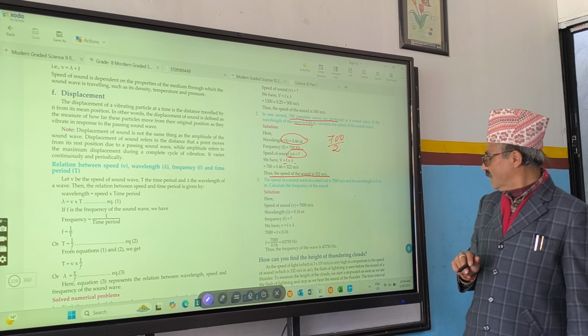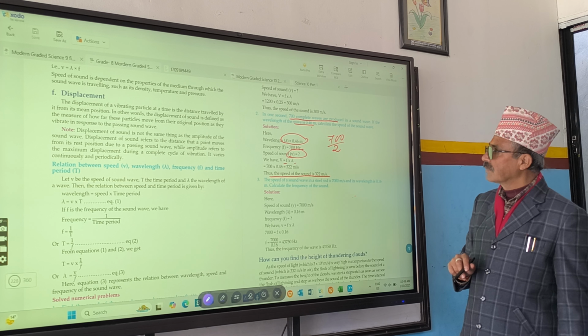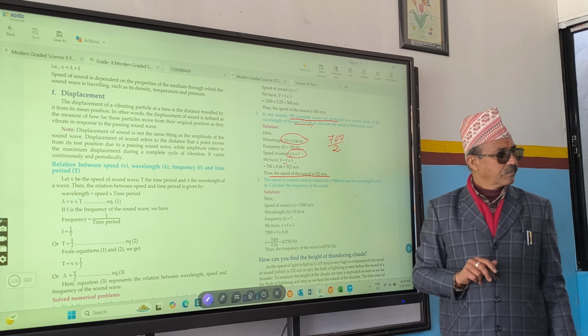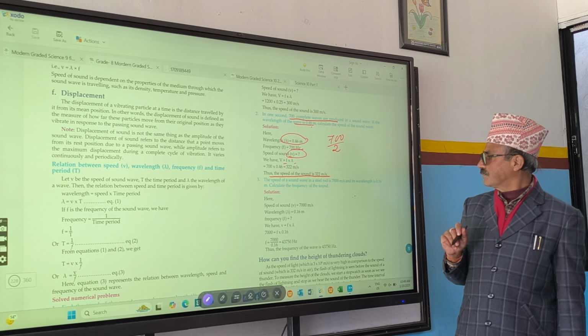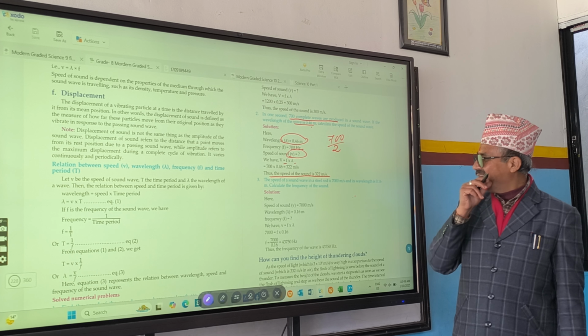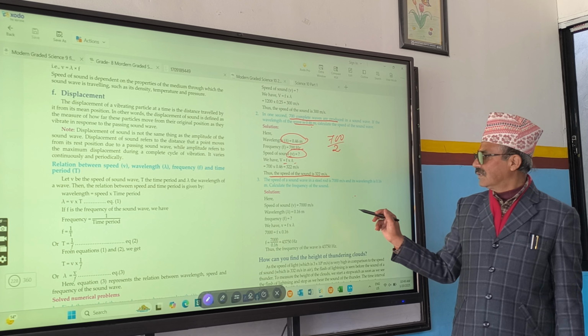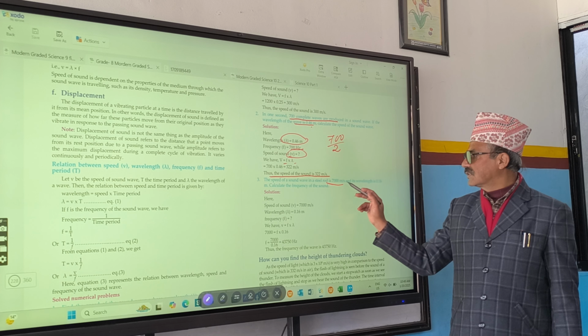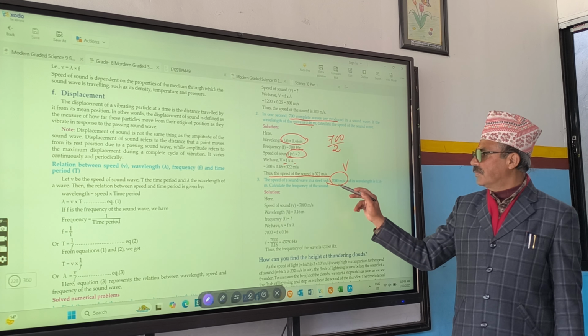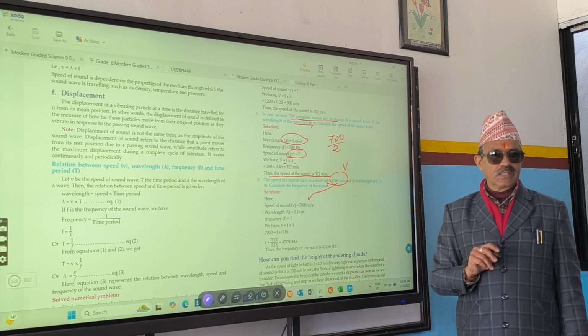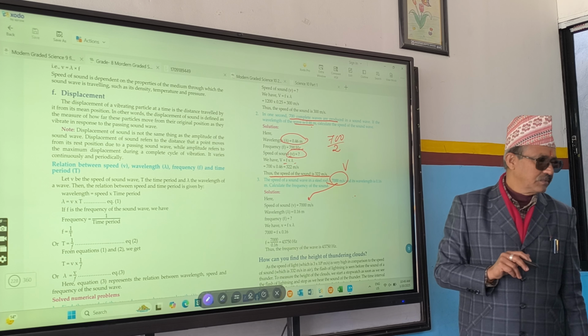Number 3. Please read question number 3. The speed of a sound wave in a steel rod is 7,000 meters per second. Calculate the frequency of the sound. V is 7,000 meter per second, right?